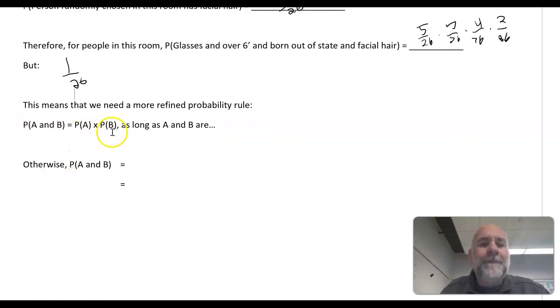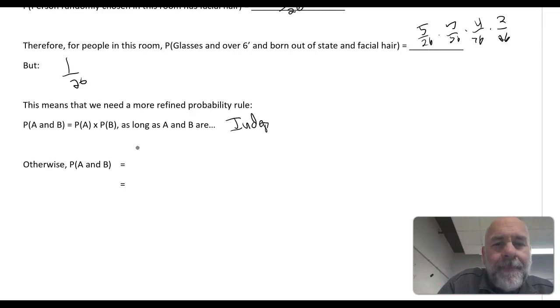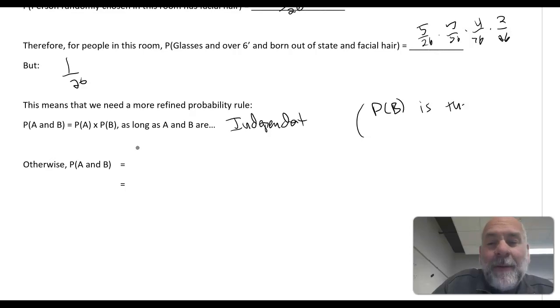The probability of A and B is equal to the probability of A times the probability of B. That's the easy one, as long as A and B are independent. Meaning the probability of B is the same no matter what happens with A. I'm listing that one just because it's second, so it makes a little more sense conceptually.